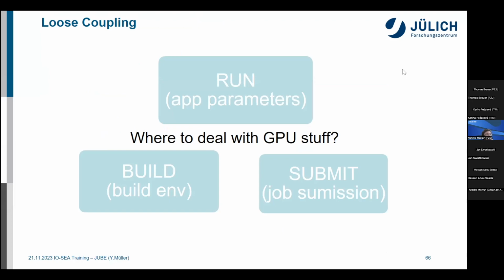So here, I zoom out a little. We had this run in this build set, and now we have also a submit step. And for me, as a developer, these sets are all independently dealing with different things. The one with the app-specific parameters, the other one with setting up the environment, the third one was job submission.